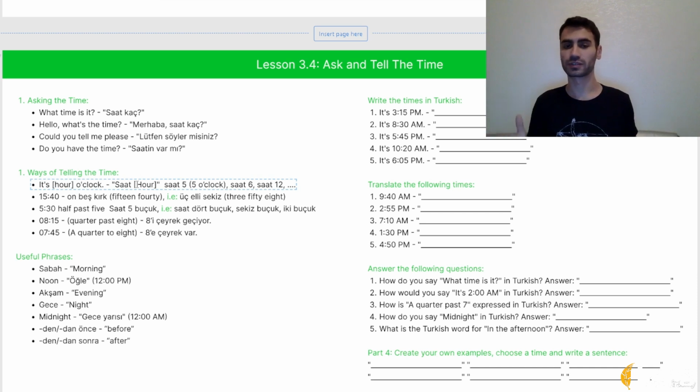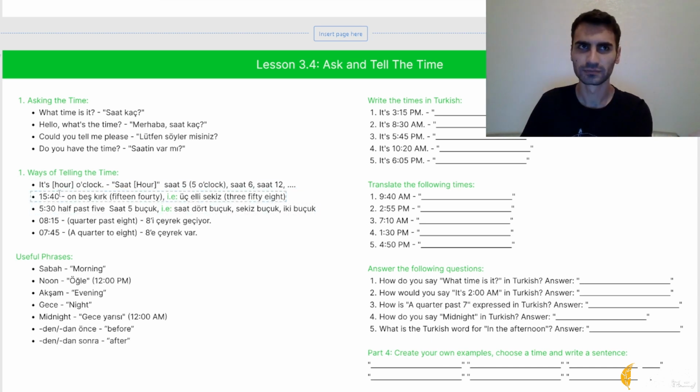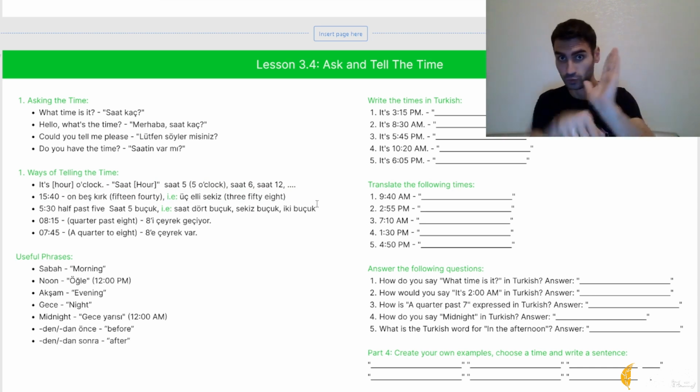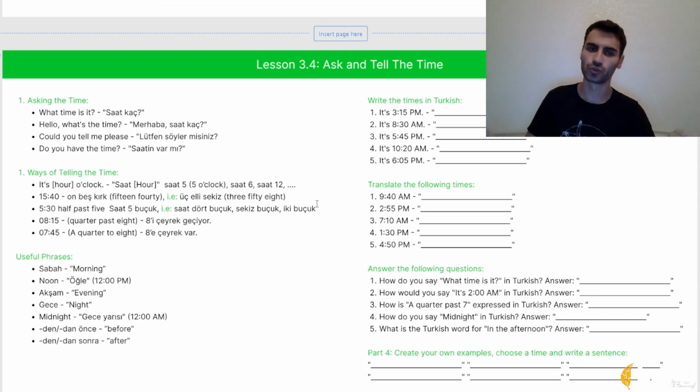This is also easy actually. Saat 5, saat 6, saat 12, saat 13, 14, 15, 16, 17, 18. If there are minutes they want to add, they can just say 15:40, and they will say it like that probably, so you can understand easier. Or 5:30, they can just show you.